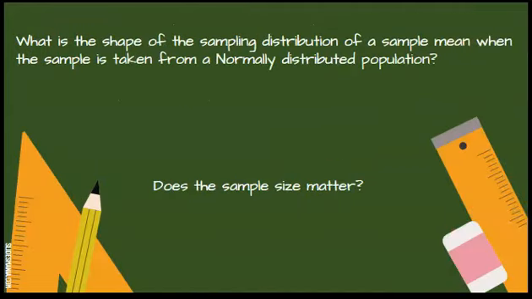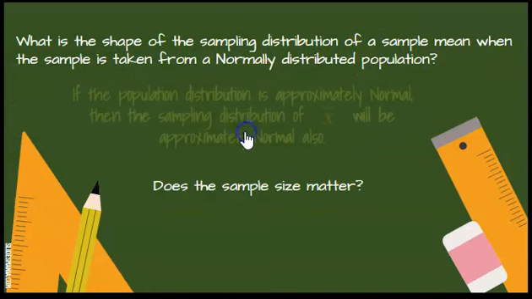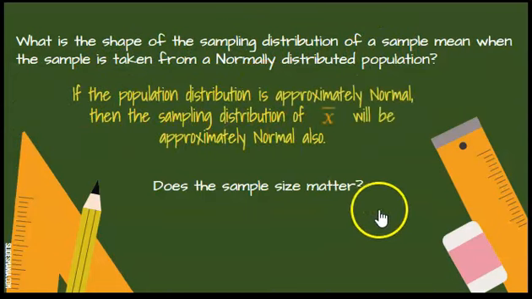What is the shape of the sampling distribution of a sample mean when the sample is taken from a normally distributed population? So if the population is normal, what's the distribution of the sample means going to look like? Well, if the population distribution is approximately normal, then the sampling distribution of x bar will be approximately normal also.